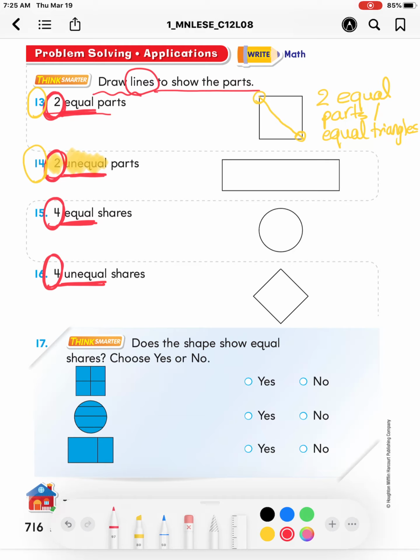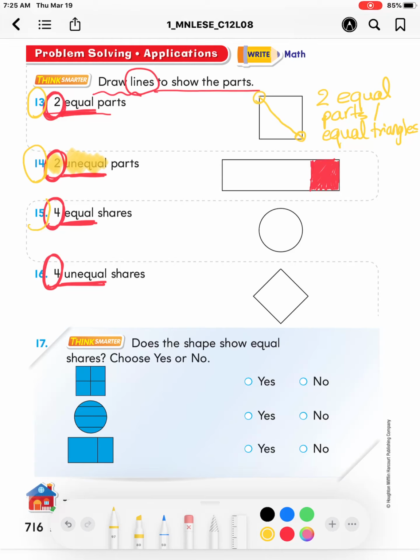So you can draw any line so it would show that we have 2 unequal parts, like this one, for example. We have here a square, this is a square, and a rectangle, and they are unequal parts.